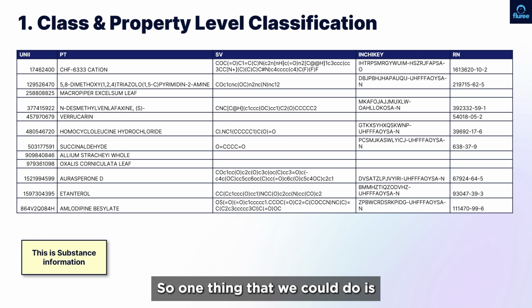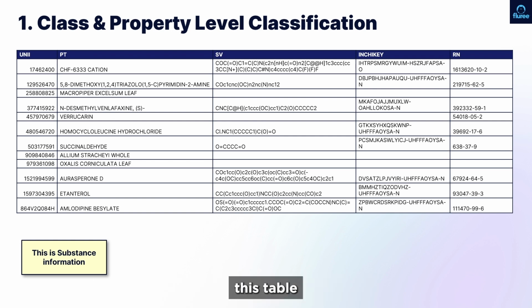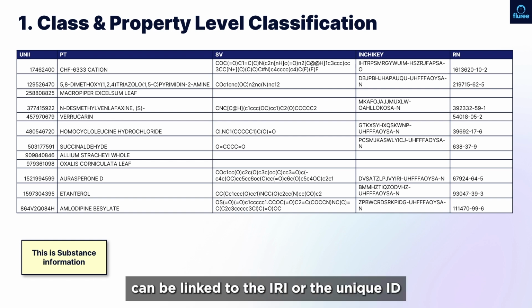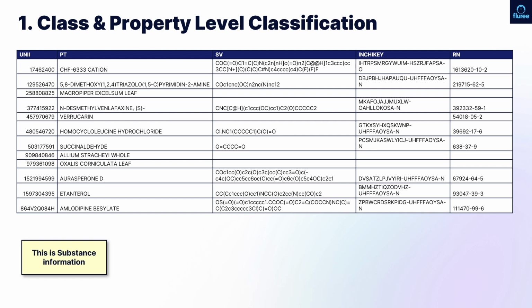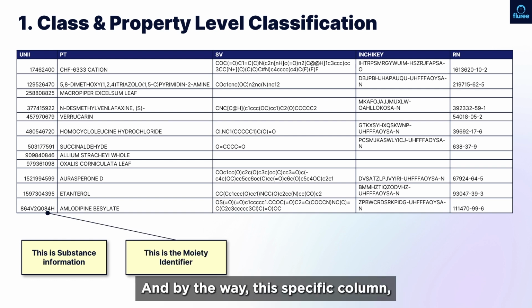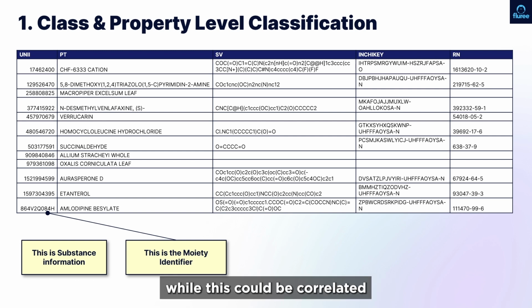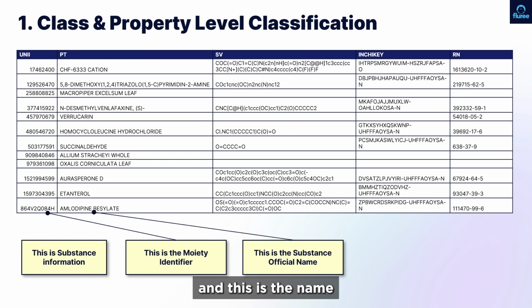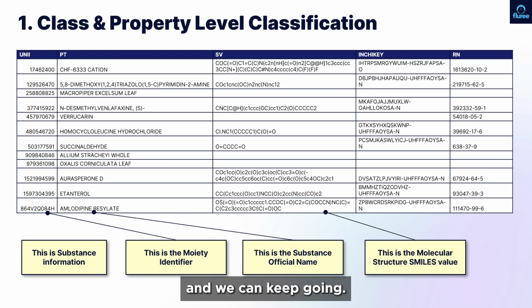So one thing that we could do is say, great, this table can be linked to the IRI, or the unique ID, for this term in my ontology called substance. And by the way, this specific column could be correlated to the moiety identifier, which was a different concept, or a different IRI, in my model. And this is the name, and this is the SMILES value, and we can keep going.